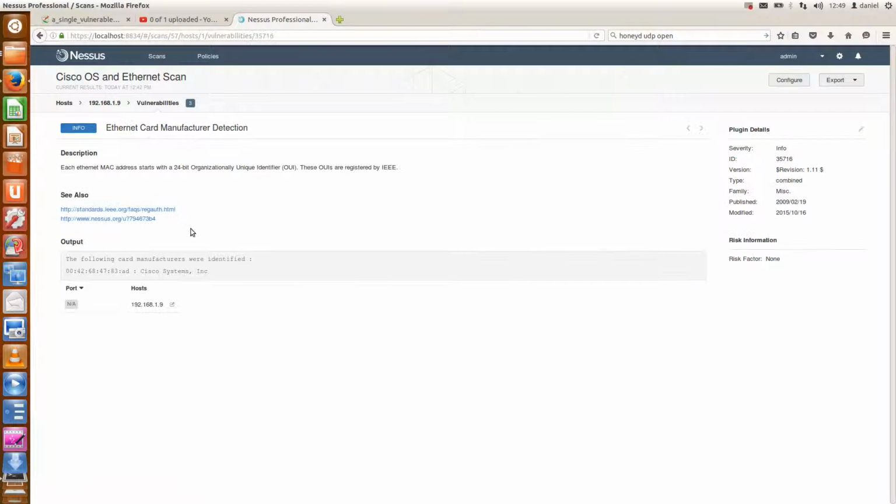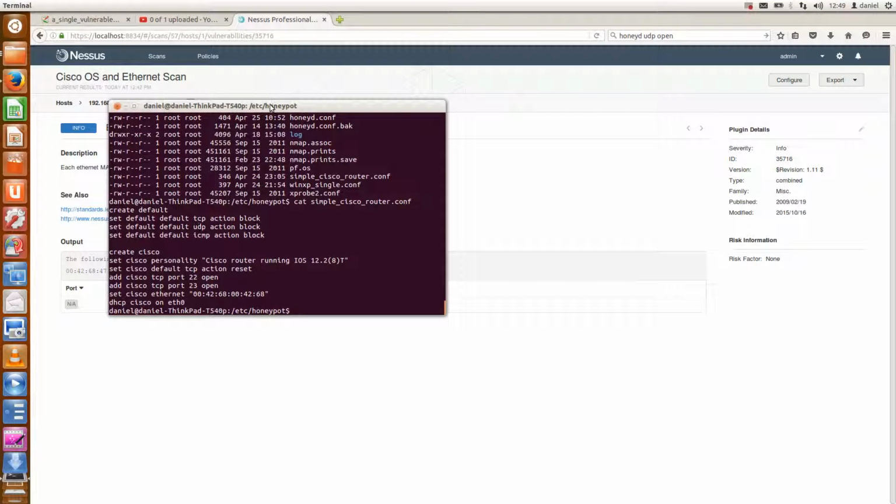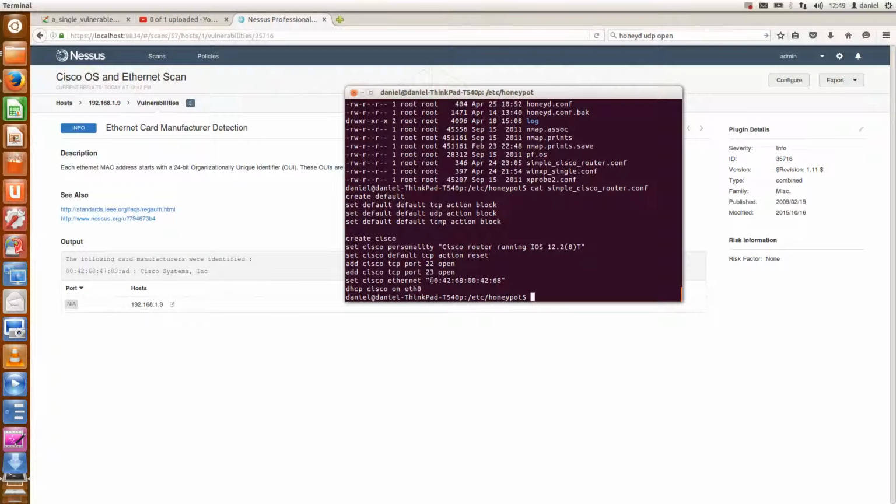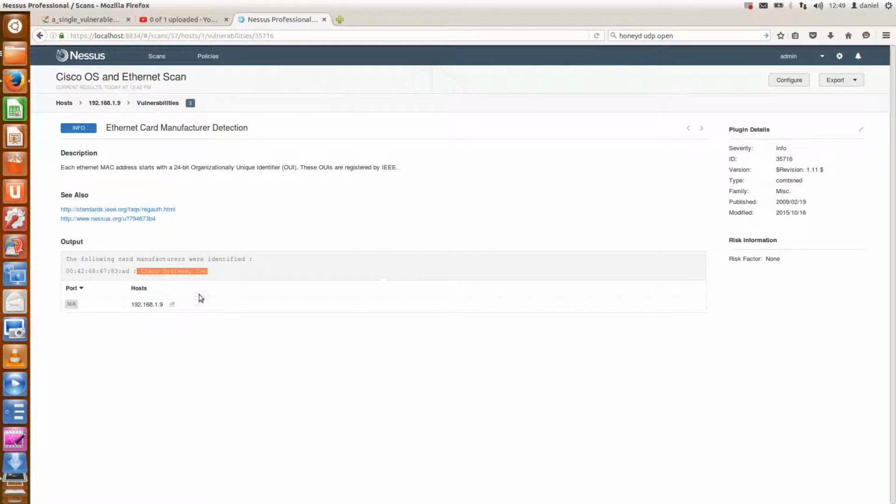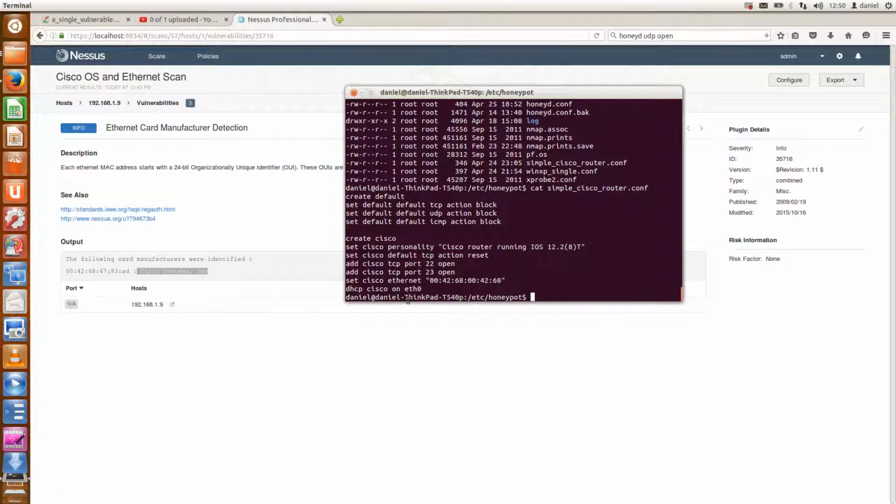Then in terms of the Ethernet card manufacturer, as I indicated, that's my MAC address. So I looked at the IEEE website to find a Cisco Systems type of MAC address, and funny enough, Nessus came back and said, no, this is definitely a Cisco Systems Incorporated type of Ethernet card. So that is awesome, because this would be the building blocks and the foundation for enumerating vulnerabilities or supposed vulnerabilities I have in my honeypot.